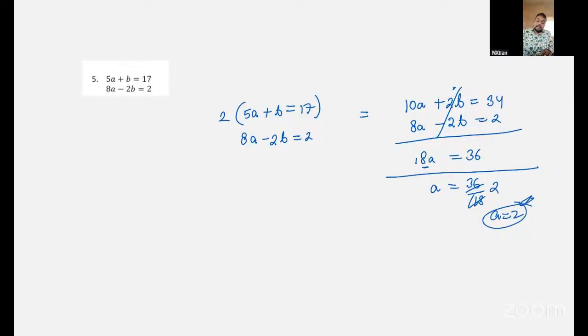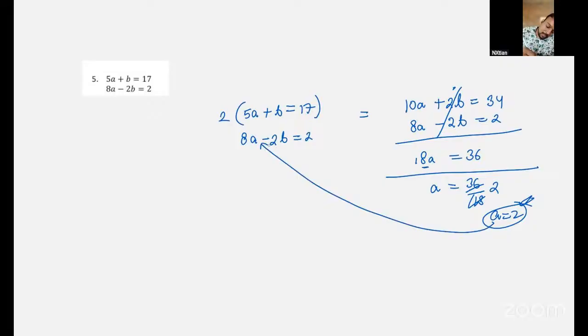Now, if I get A equals 2, how will you find B? You got the value of A. Now you will take the value of A and put it into this equation, any one of them.